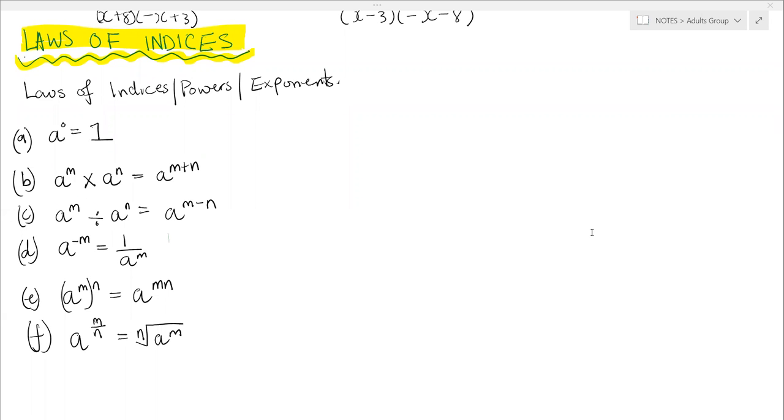Today we will be continuing with the topic algebra, and we will be doing laws of indices. There are some basic laws that we use when we are working out indices, and indices can be called powers, they can be called exponents.